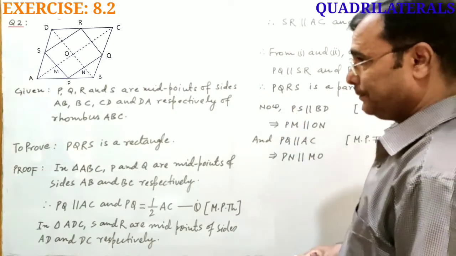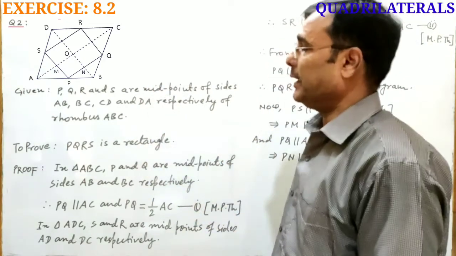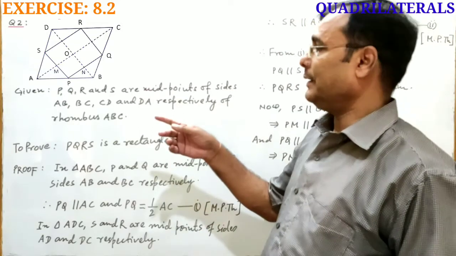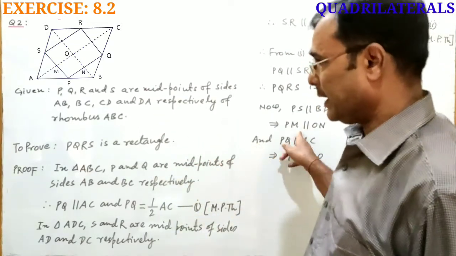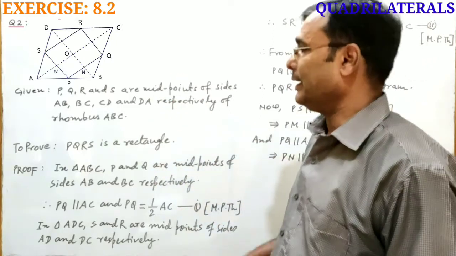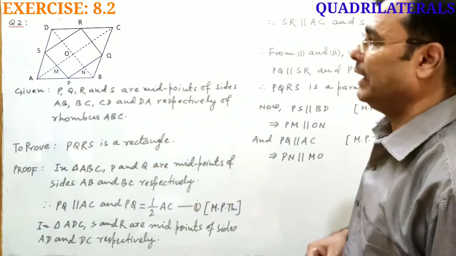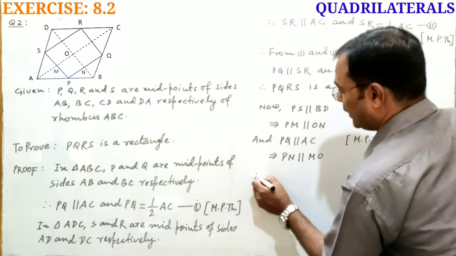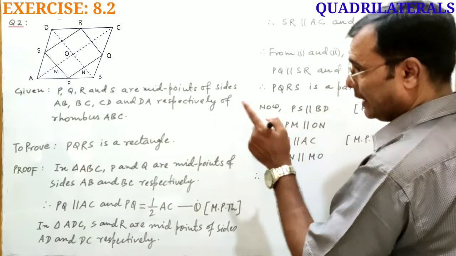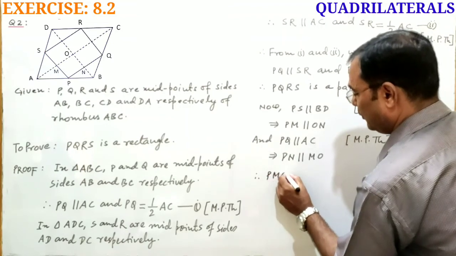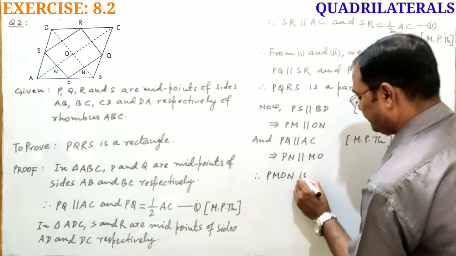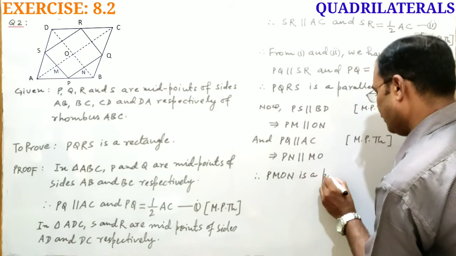So in figure, PM is parallel to ON and PN is parallel to MO. So therefore, quadrilateral PMON is a parallelogram.